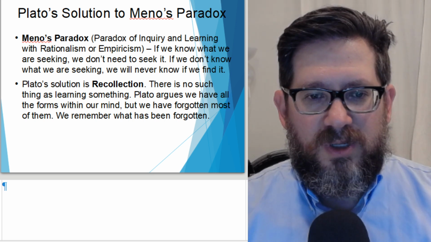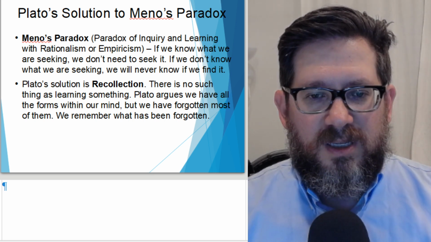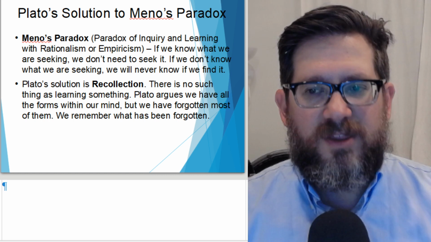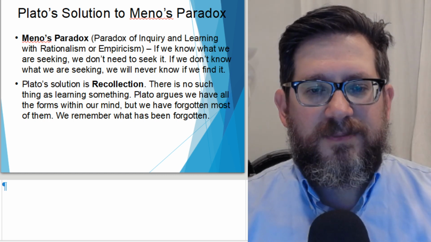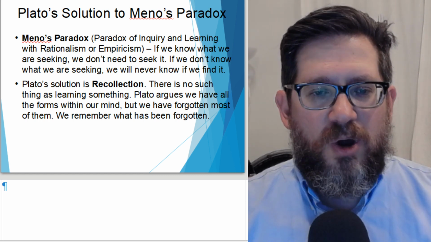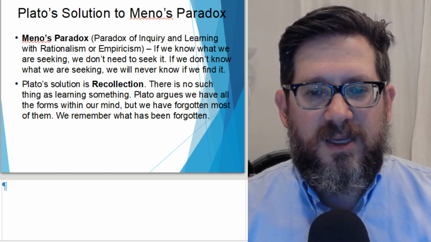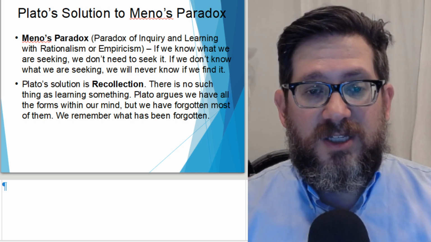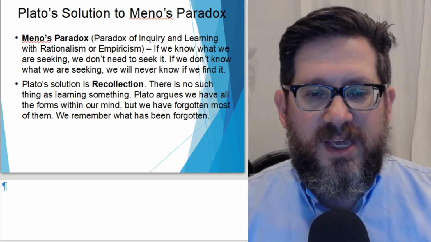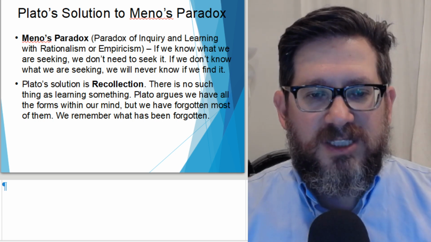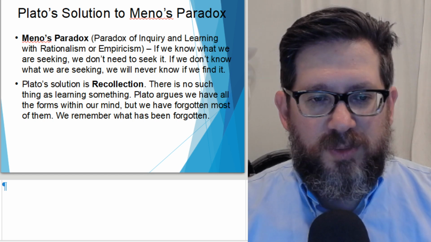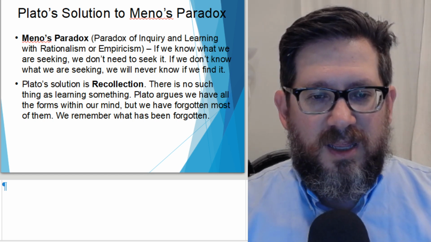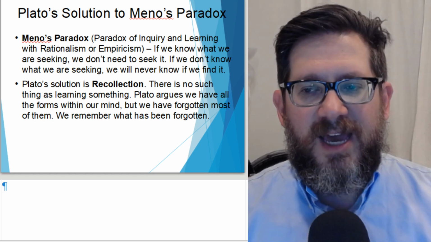And so let's start with the rationalistic side. Right? So if we know what we are seeking, and in a way Plato is saying that these forms all already exist in our mind and can be grasped in the light of the intelligible sun, then why would we need to seek anything out?